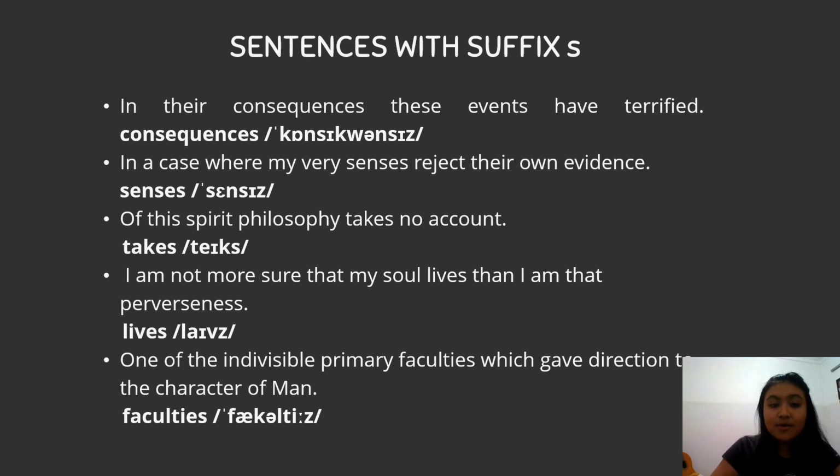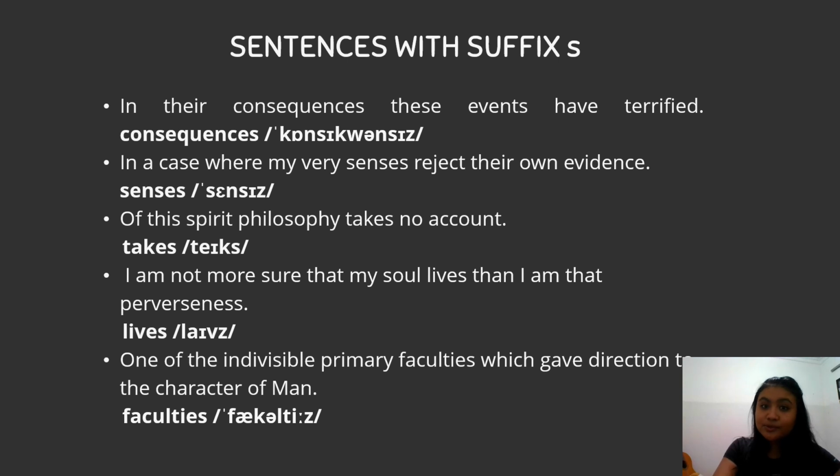And then the last one, faculties, it uses the. And then as you can see, even though the sentences seem to have the suffix s, the output of the sounding is different because as you can hear, yaitu berbeda-beda, ada is, as, dan the. That's why there are three types of suffix ending with s.